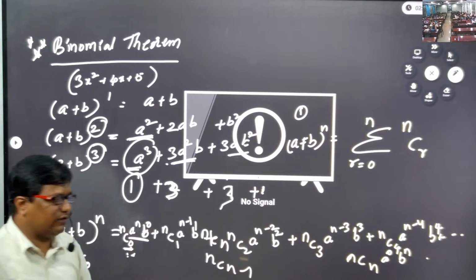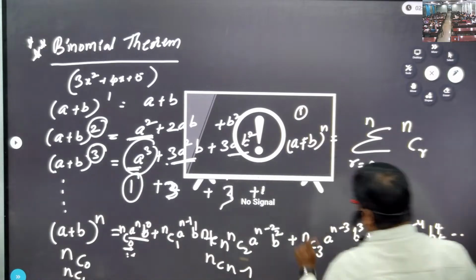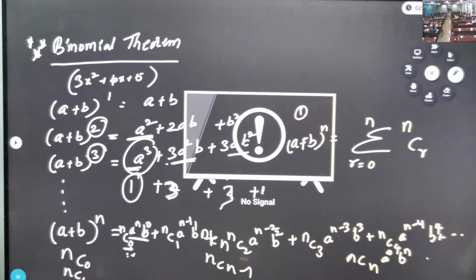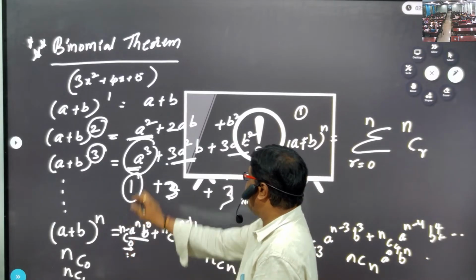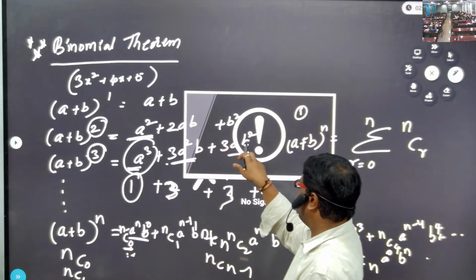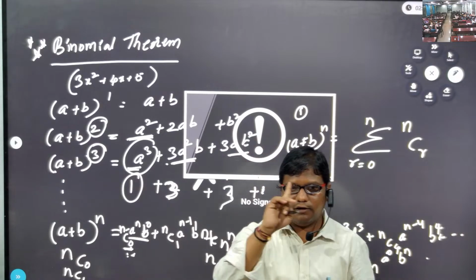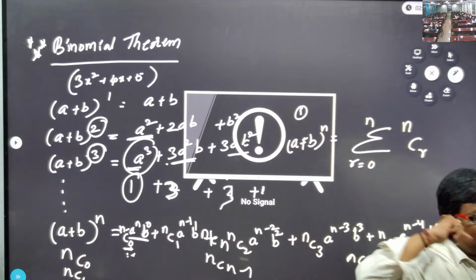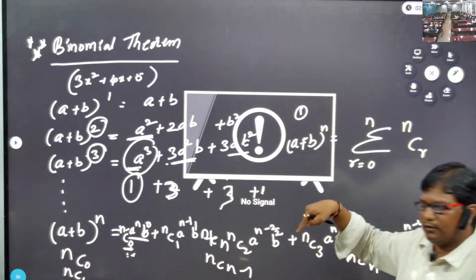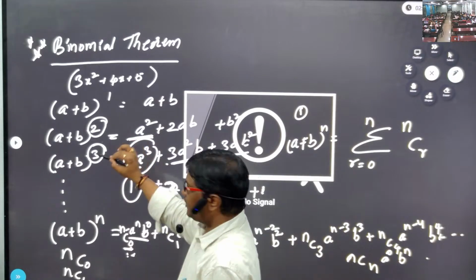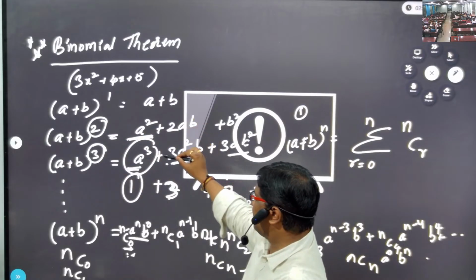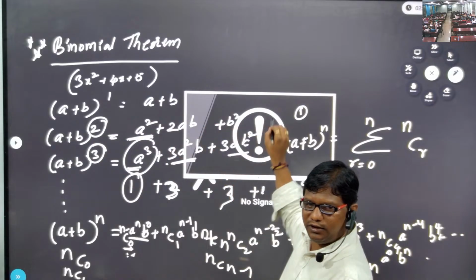How is it decreasing, randomly or in a series? Series. So here your a value is 3, 2, 1, 0. One step it is decreasing. From where? If your n value is 3, your starting value is 3, next 2, next 1, next 0.